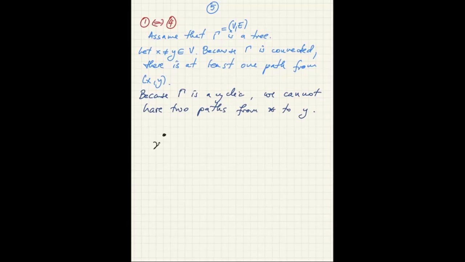If you have X here and you have Y here, let's say you have some path like this, and then another path from X to Y could start the same way as that one, but maybe go in different ways, something like this. Let me try a different color.